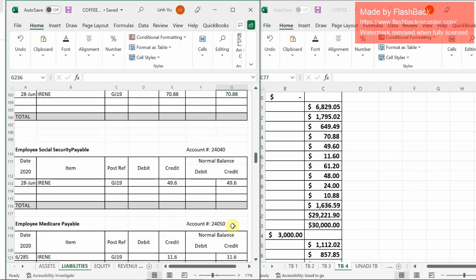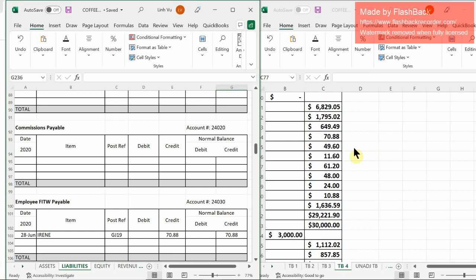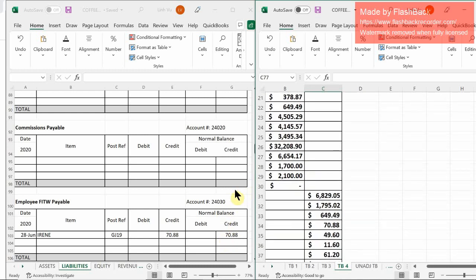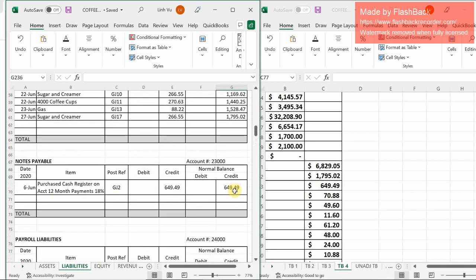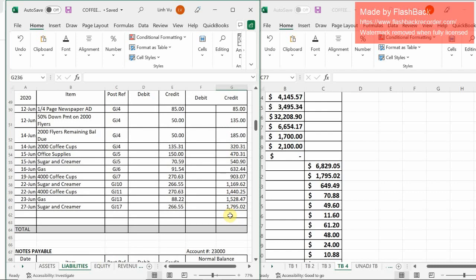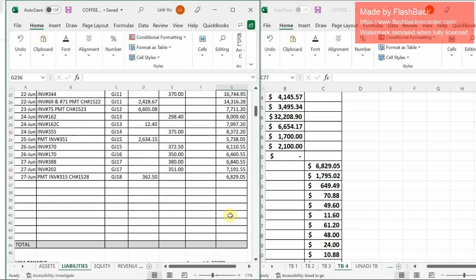Social Security is $49.60. And my federal income tax withholdings is $70.88. My notes payable is $649.49. Credit card is $1795.02. And then my accounts payable is $682.905. Okay, so all of those are good.